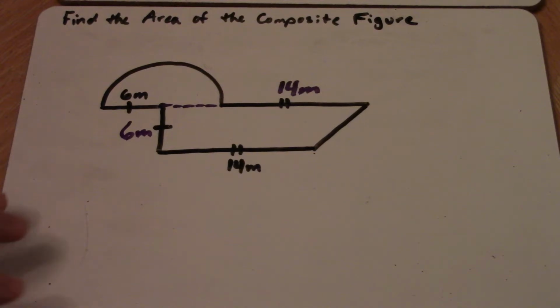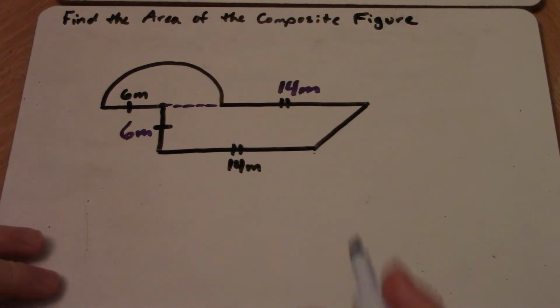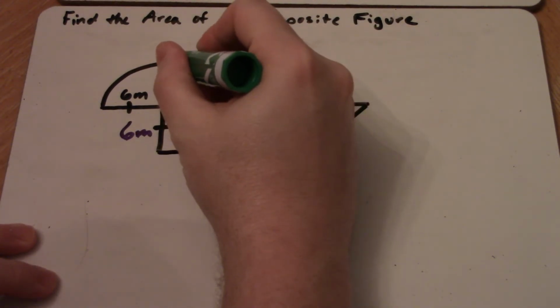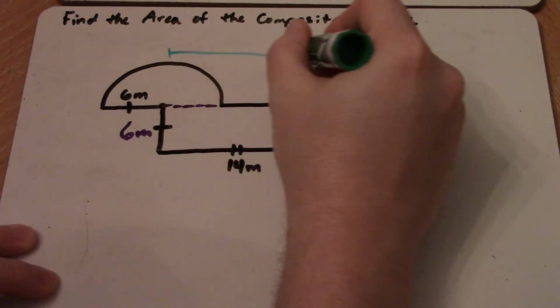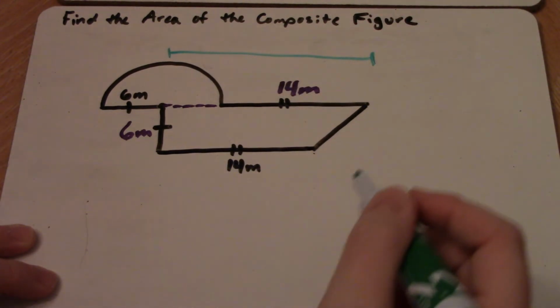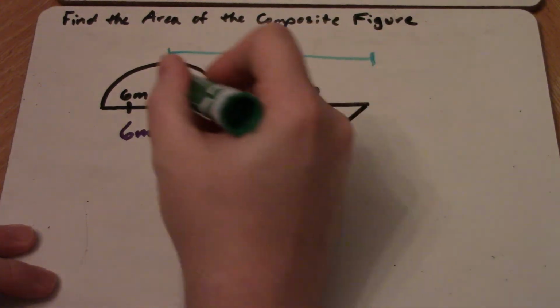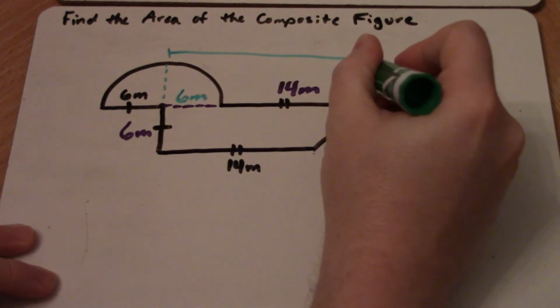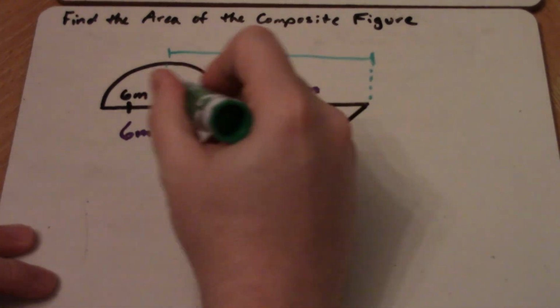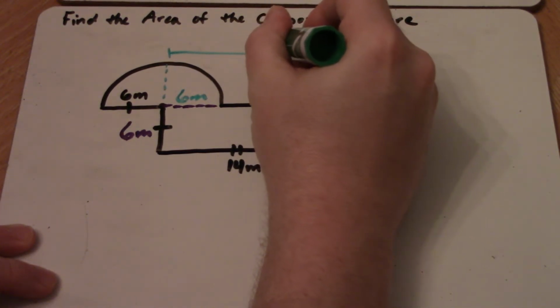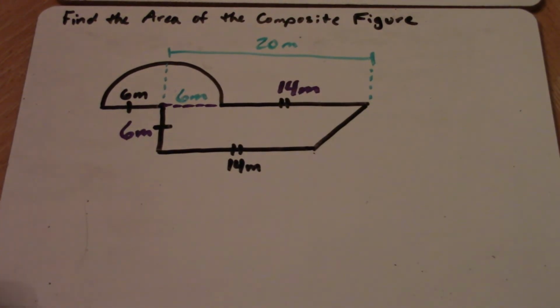So the only other thing we have to realize is that we also know the other part of the trapezoid here, this length from here all the way across, which is one of the bases of our trapezoid. This piece here is 6 meters. So if we want that length between these 2 points, we would add 6 and 14 together to get 20 meters.